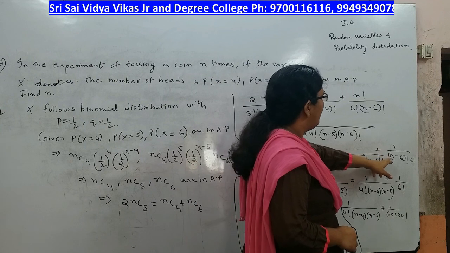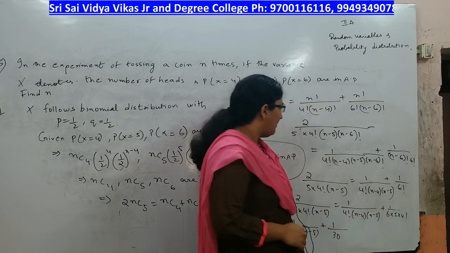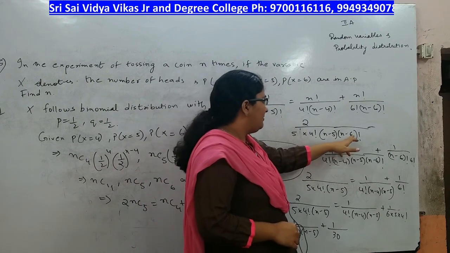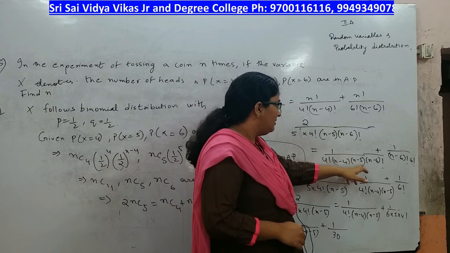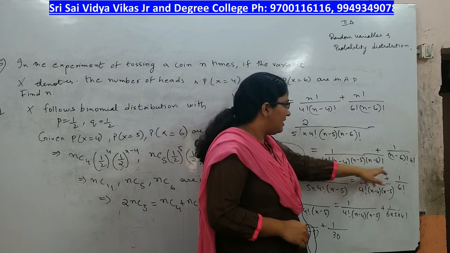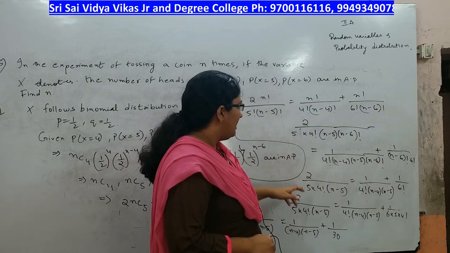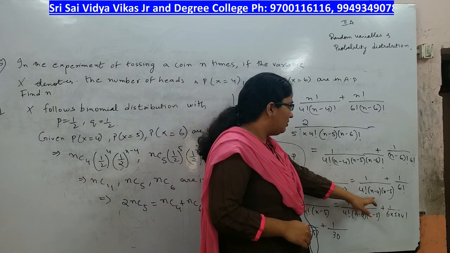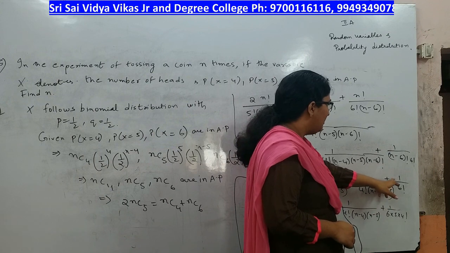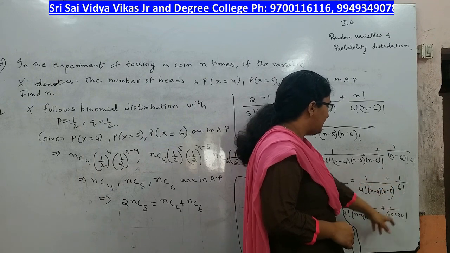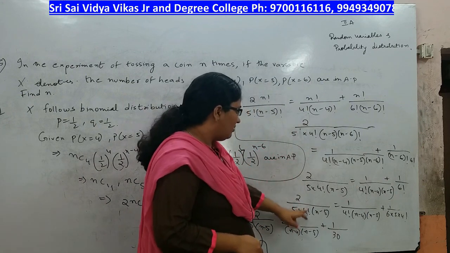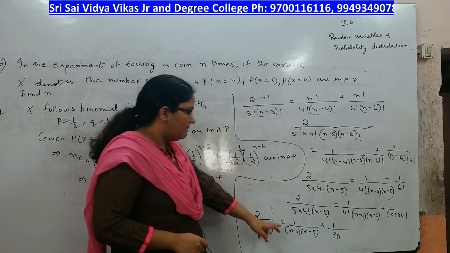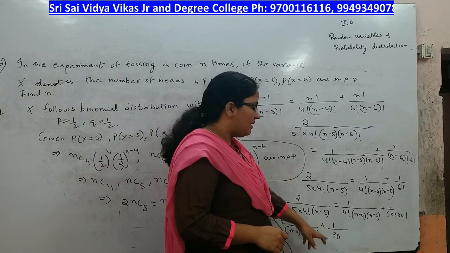So we can cancel n minus 6 factorial, and 5 factorial can be written as 5 into 4 factorial. 6 factorial can be written as 6 into 5 into 4 factorial. So throughout you can cancel 4 factorial. You have 2 by 5 into n minus 5 is equal to 1 by n minus 4 into n minus 5 plus 1 by 30.